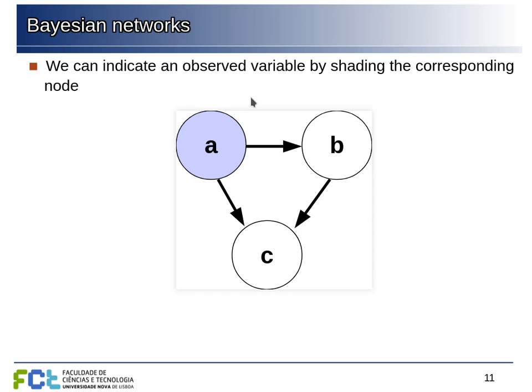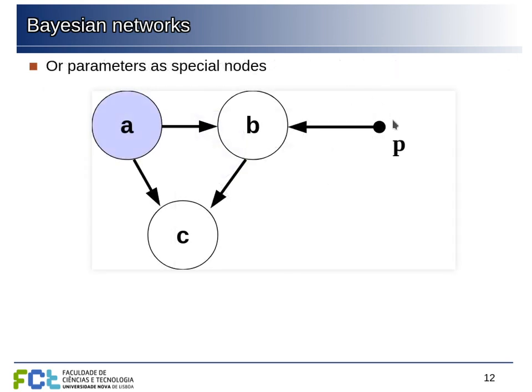We can also indicate in the graph, sometimes if you see these graphs, you can see an indication of whether or not a variable is observed, and this will be a shaded node in the graph. And we can also indicate parameters. So parameters typically are not considered to be random variables, but they may affect the distributions that we are estimating for random variables.